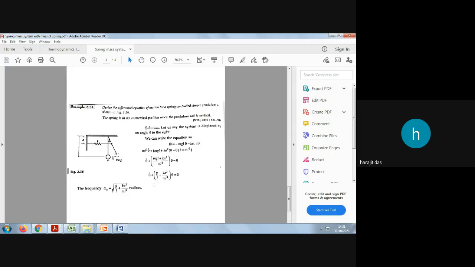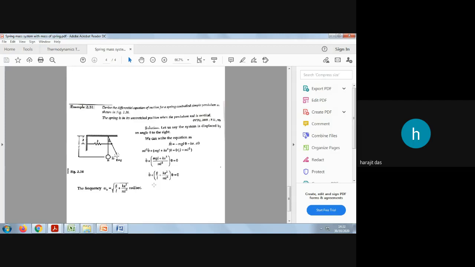Understood? So this way you need to solve this type of problem. Wherever there is a translational motion in the system, you need to write Newton's second law of motion as mx double dot equals the external forces, and wherever there is an angular deflection, you need to write Newton's second law as I theta double dot equals the external moments.